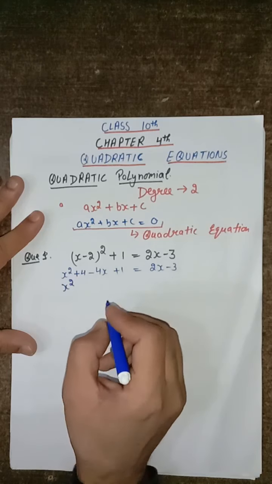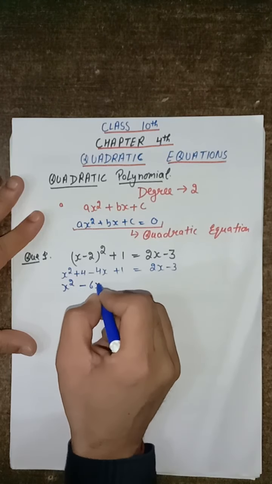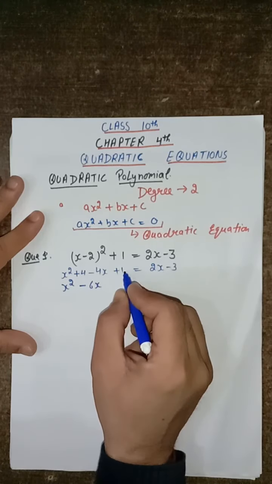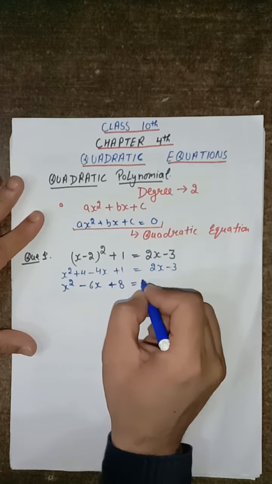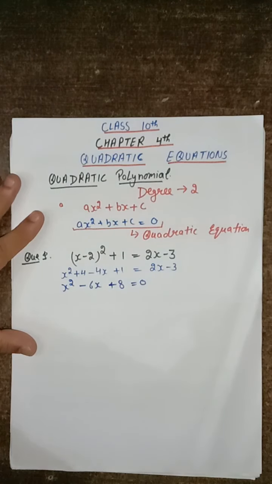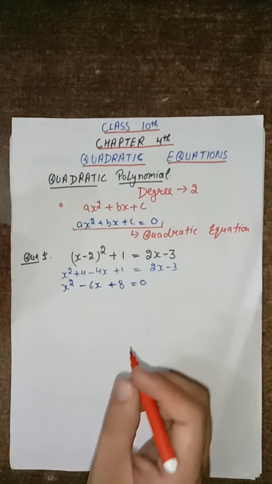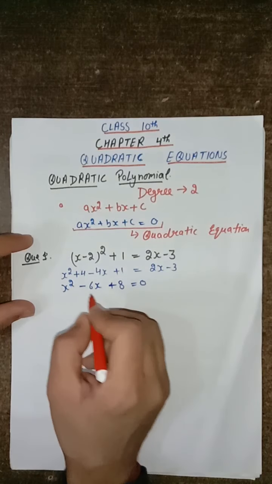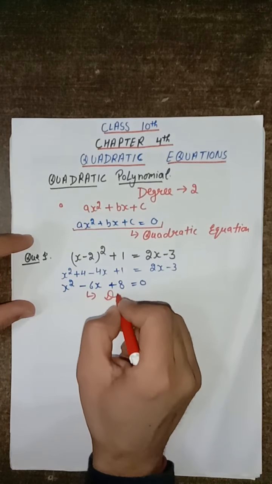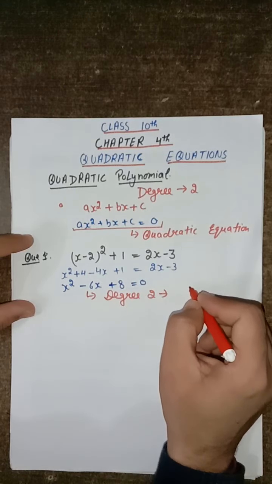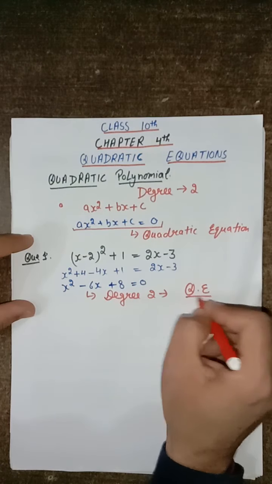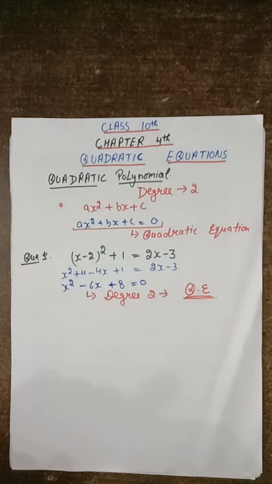This will become x squared minus 6x, 4 plus 1 is 5, and minus 3 becomes plus 3, so plus 8 equals 0. Now here my highest power is 2, so the degree is 2. This means this is a quadratic equation.